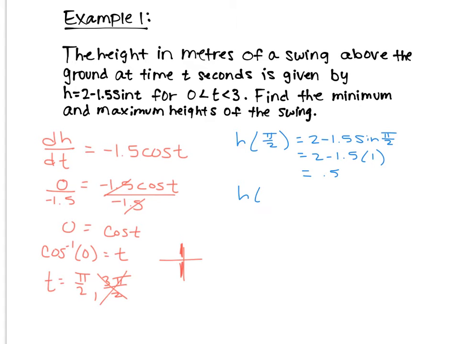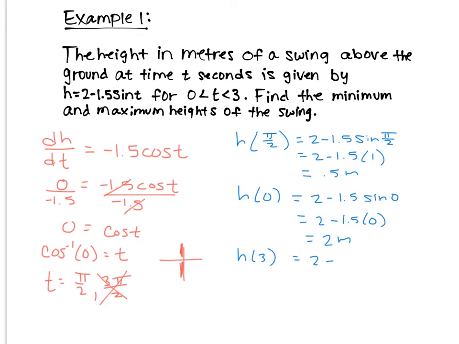Then I'm going to also plug in 0 into our original function, 2 minus 1.5 times sine of 0. Sine of 0 is going to be still 0. So 2 minus 1.5 times 0. So that just gives us the height is 2 meters at time is 0. And then we're going to check h of 3.